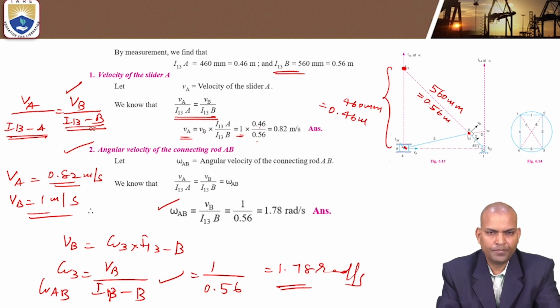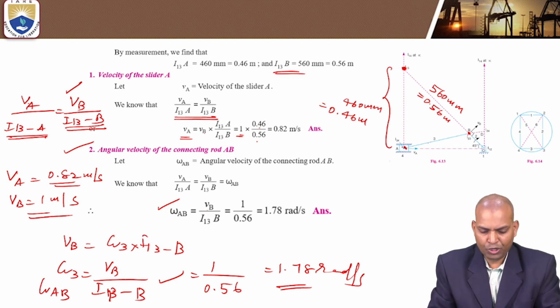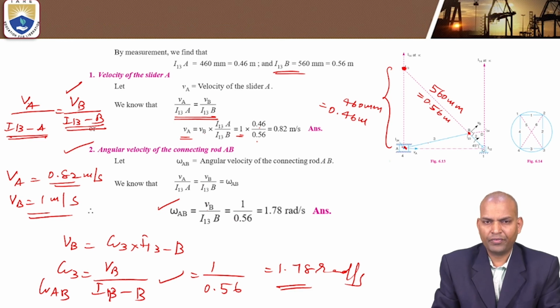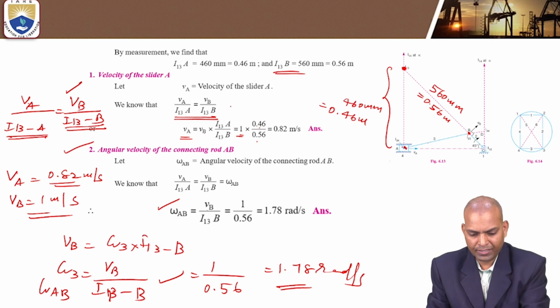Very important: in order to solve this type of problem, especially by using the I-center method, what are the prerequisites required? The number of I-centers, the concept of Aronhold-Kennedy's theorem, and the angular velocity ratio theorem or linear velocity ratio theorem are required.